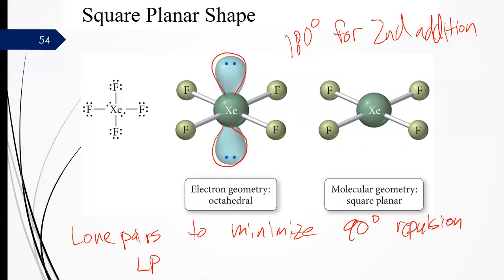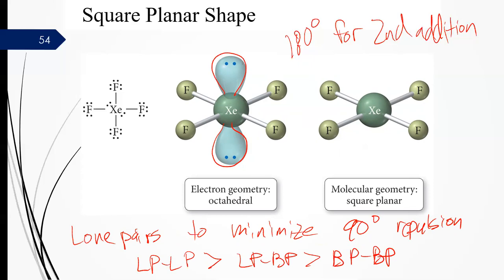And the order should be lone pair to lone pair we really want to avoid, then your lone pair to your bonding pair, and then finally your bonding pair to your bonding pair. And that's basically our molecular geometries.